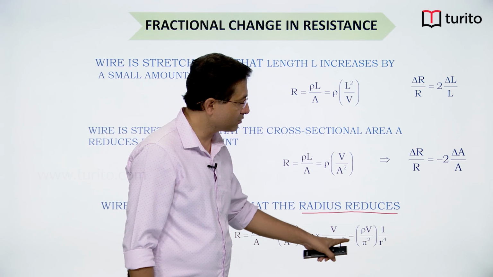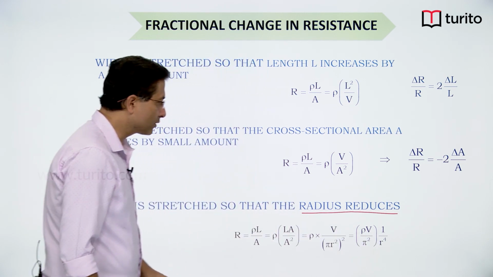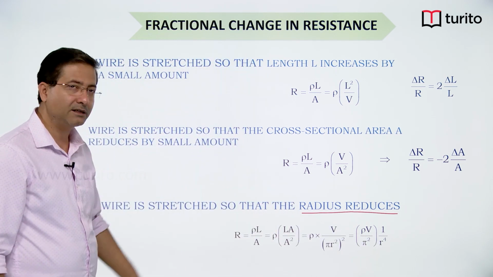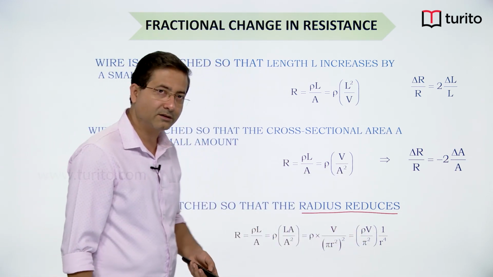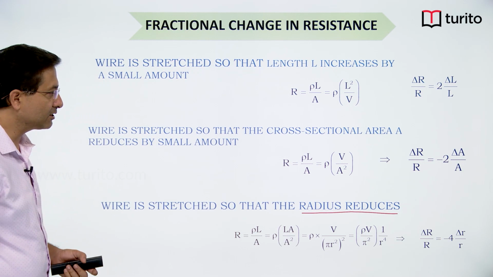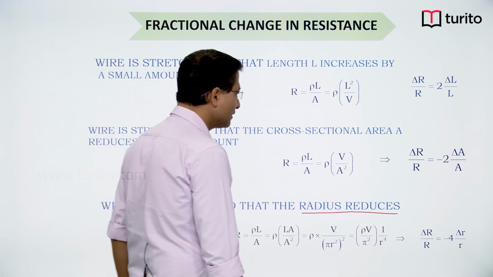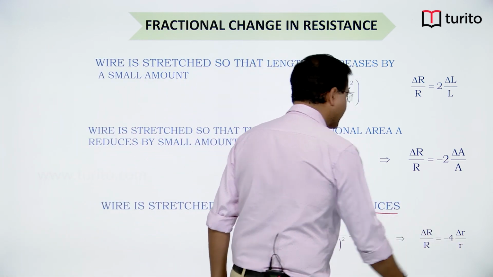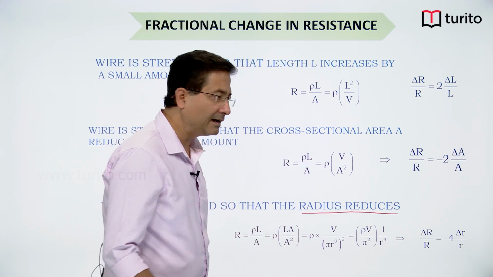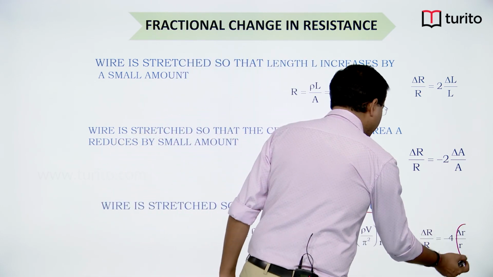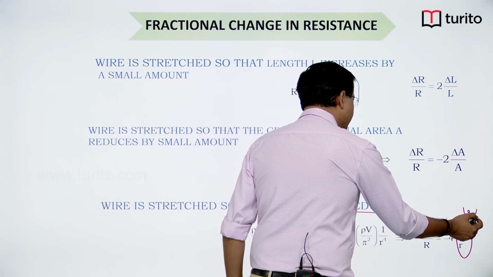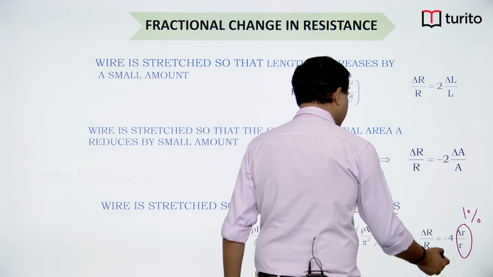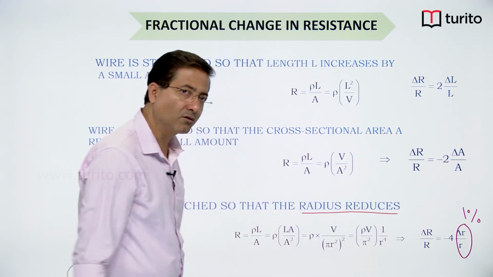So, pi r square whole square will give you r to the power 4. If I take log and differentiate, this minus 4 will come in front, same way as we have discussed just now. So, delta R by R will be minus 4 delta r by r. So, if radius is decreased by 1%, then resistance will increase by 4%.